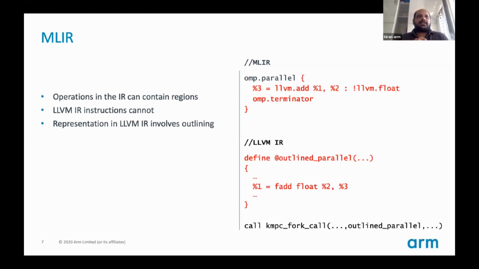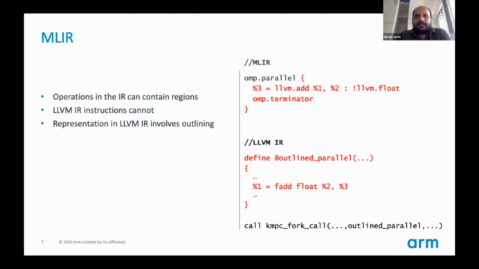An important point to stress here is that in MLIR, individual instructions are called operations, and these operations can contain regions. This is very attractive for OpenMP, because we all know that OpenMP constructs have regions enclosed inside them. And LLVM IR cannot have regions inside it. So if you want to represent an OpenMP region, then you have to do some kind of outlining. That's what is shown on the right-hand side.